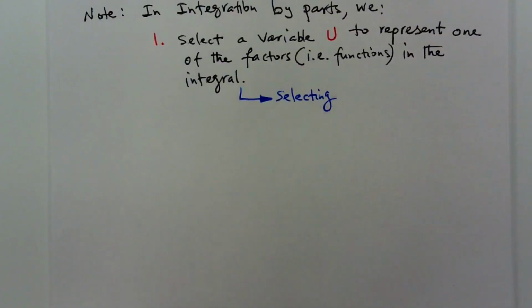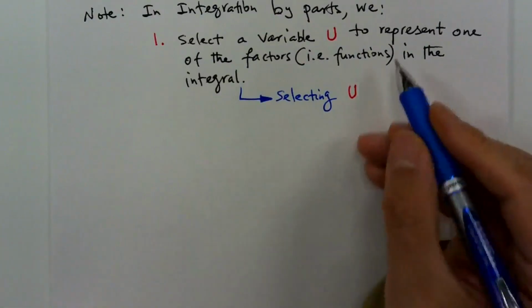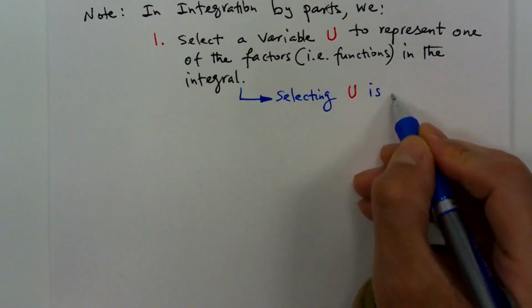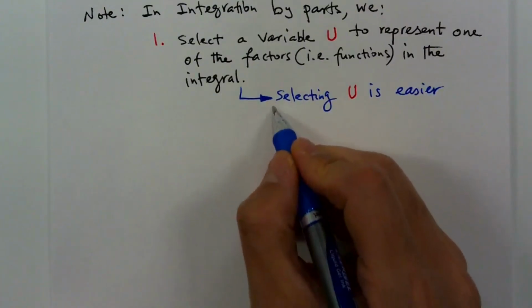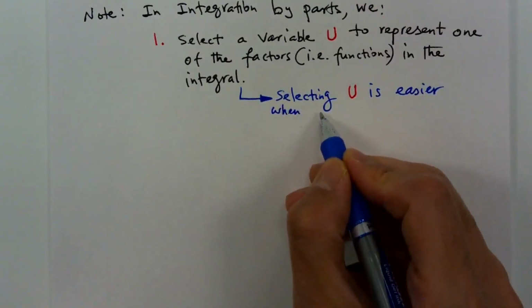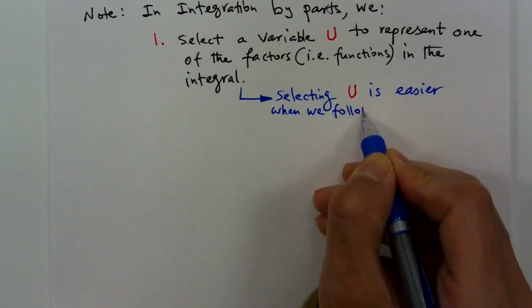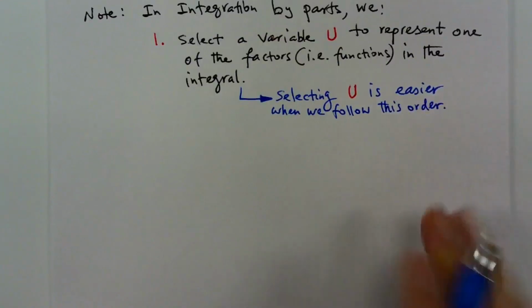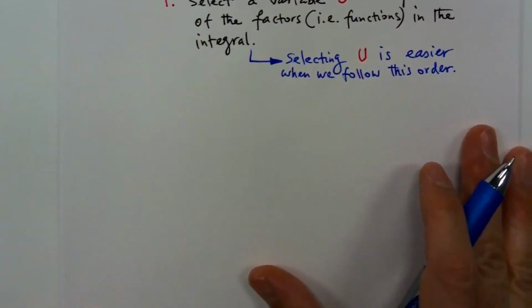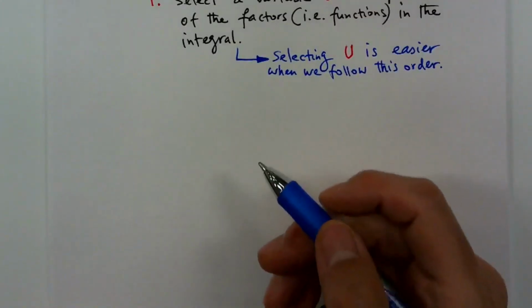Selecting u is easier when we follow this order, from the highest order of priority.